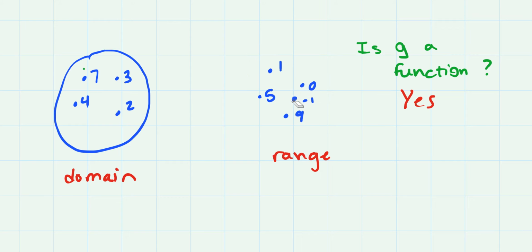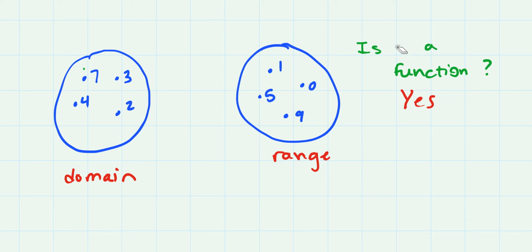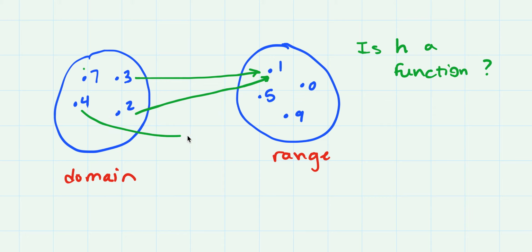Okay, let's try another one. Let's call the next map h. I'm going to send 3 to 1. I'm also going to send 2 to 1. I'm going to send 4 to 9. And let's send 7 to 0. Is this map a function?